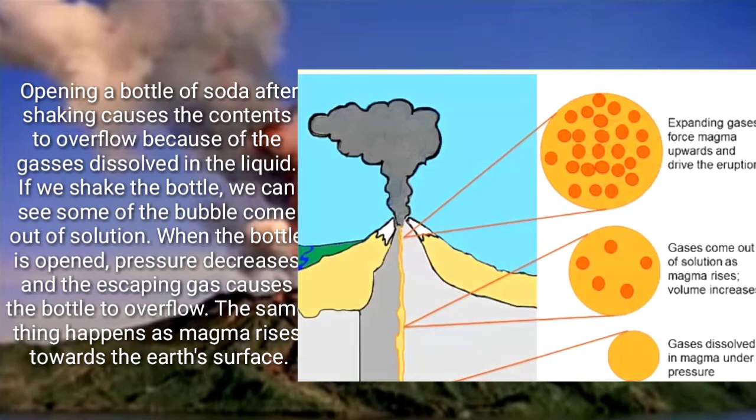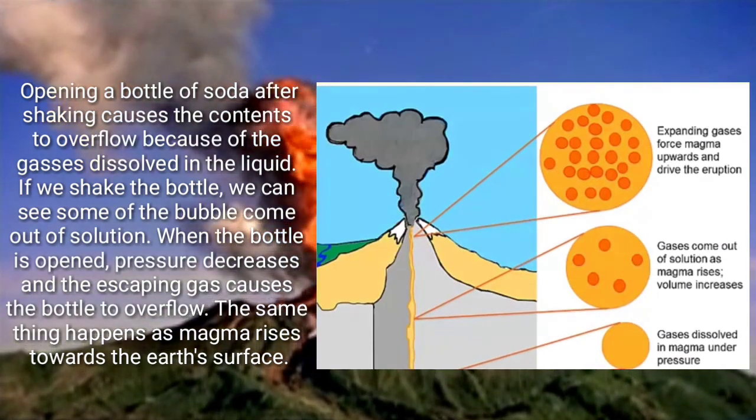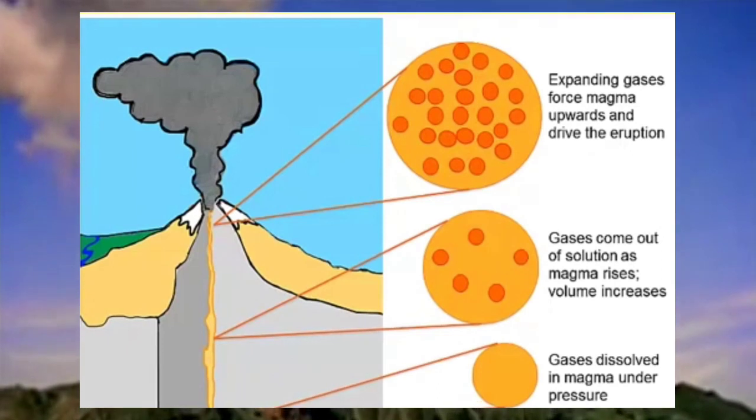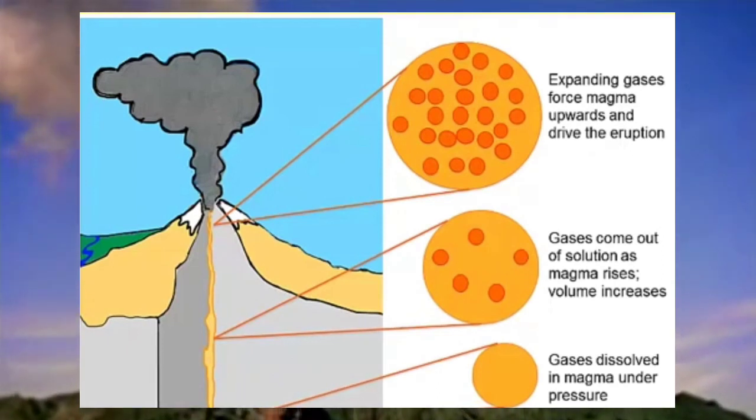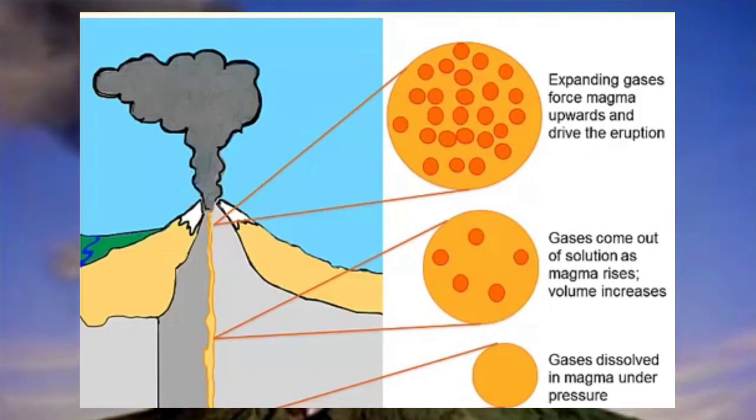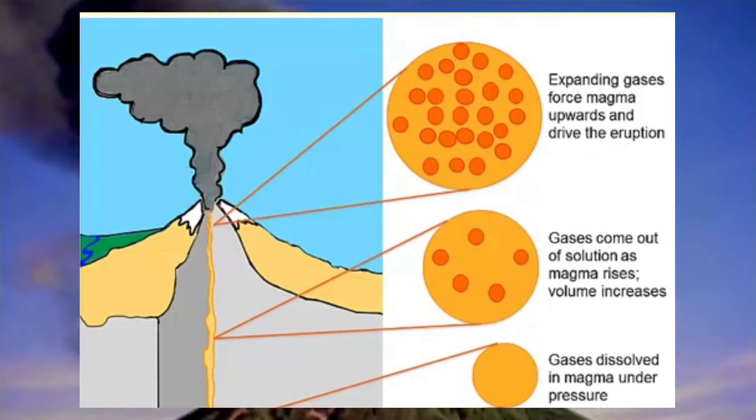The same thing happens as magma rises towards the Earth's surface. As you can see in the illustration, gases dissolved in magma under pressure come out of solution as magma rises. In this phase, the volume increases. The expanding gases force magma upwards and drive the eruption.